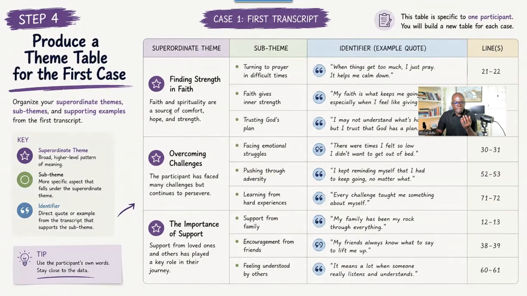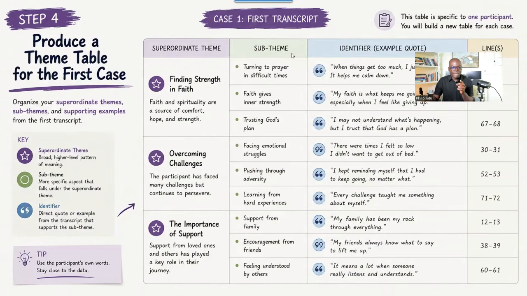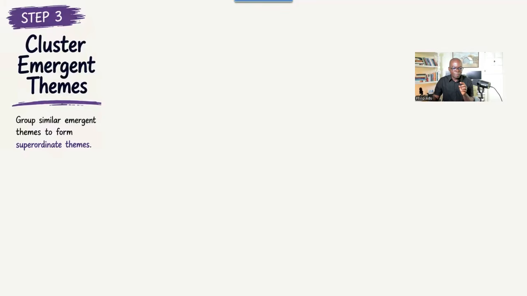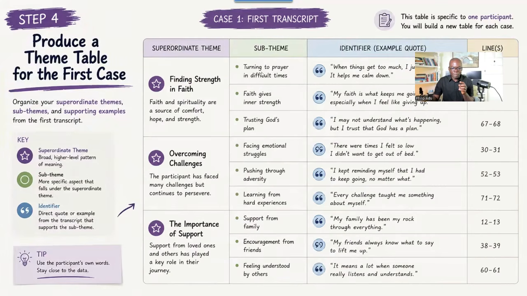So this is a brief definition of the overarching theme or superordinate theme. So you remember that you first have to develop initial themes, or we call them emergent themes, right? These are the emergent themes. This can also be called sub-themes because it's under the overarching theme or the superordinate theme.